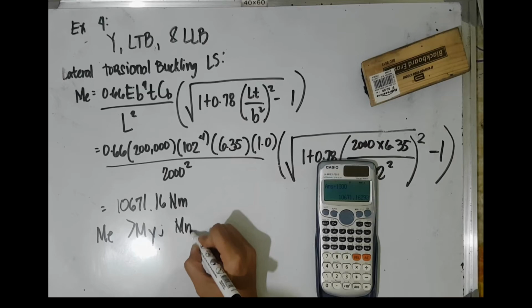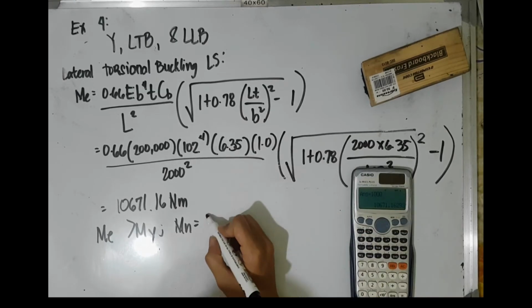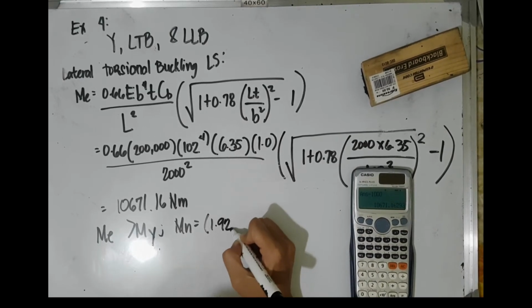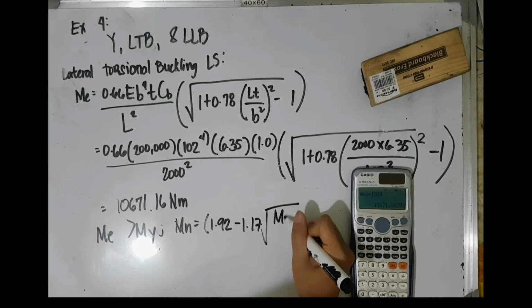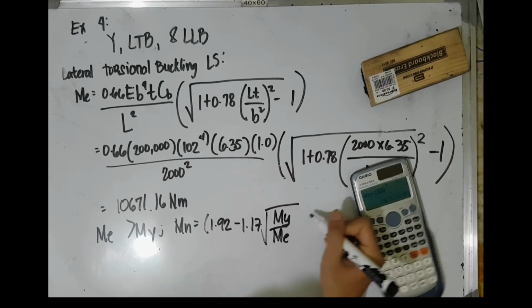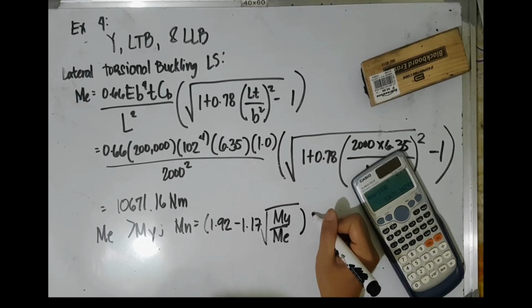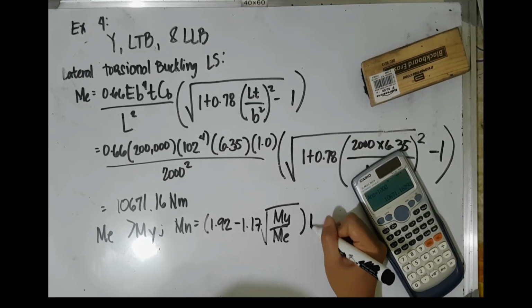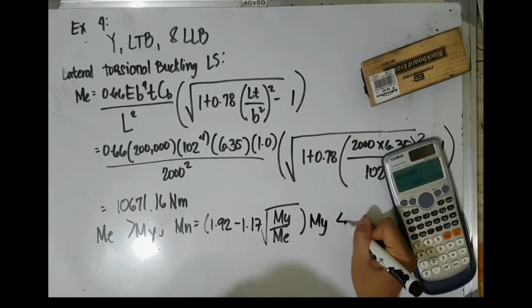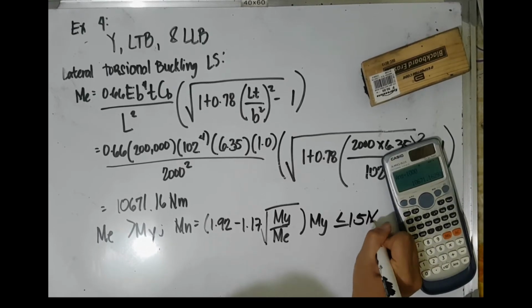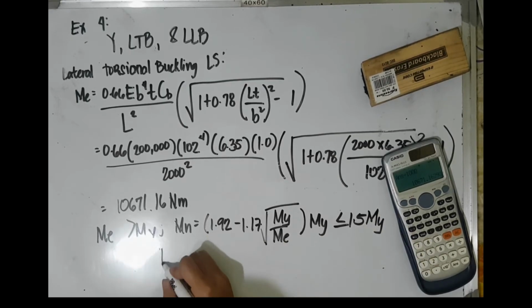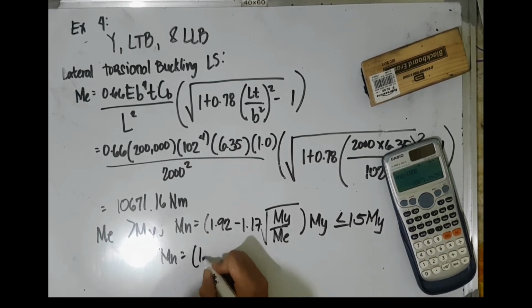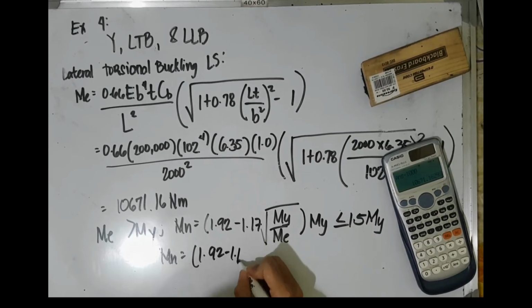Therefore, our Mn would now be equal to, so you can just open your NSCP for these formulas, the one I have shown earlier. Our Mn must be less than or equal to 1.5 of our yielding moment.